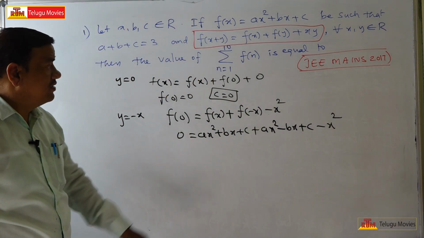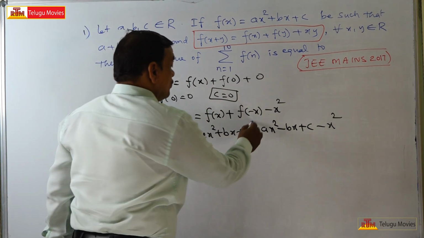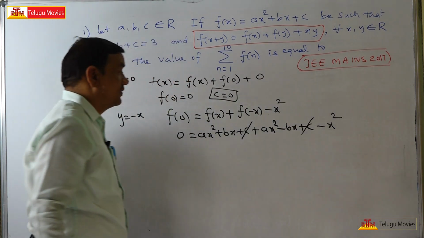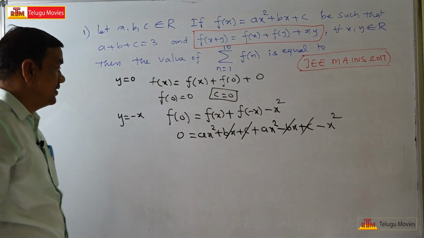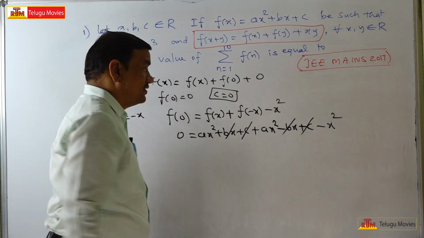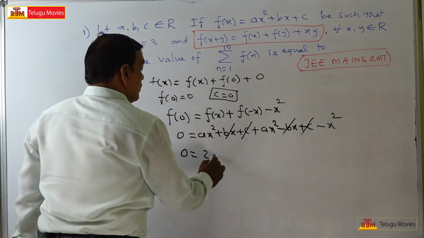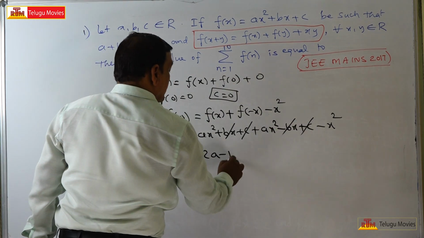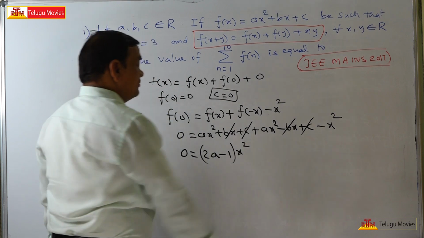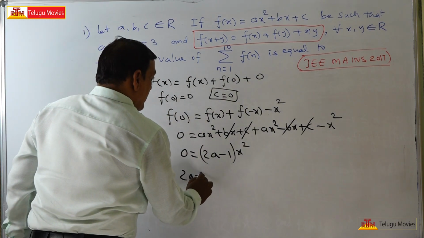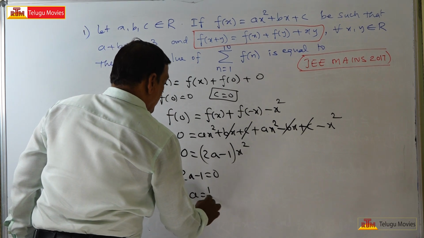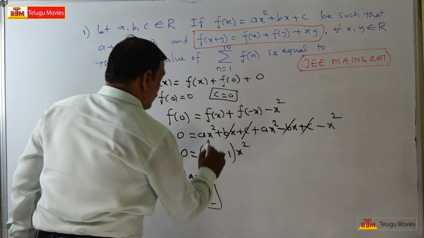Already c value is 0, so we can cancel c. Plus bx minus bx also cancel. ax square plus ax square is 2ax square, minus 1 into x square. Understand? Therefore this implies 2a minus 1 is equal to 0, therefore a is equal to 1 upon 2.